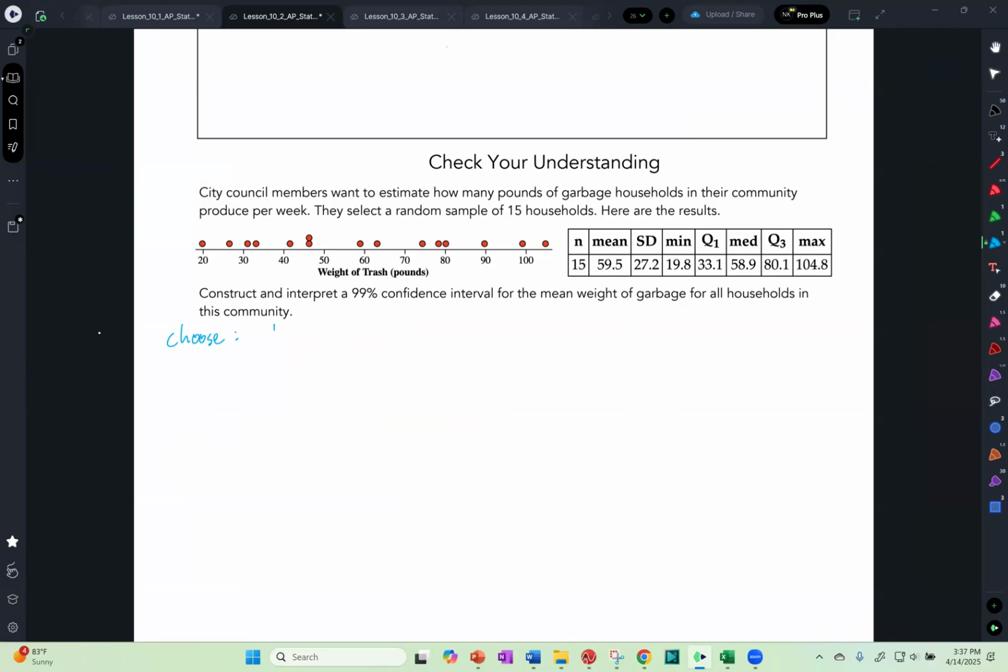So we are doing a one sample, because it's only one sample. We got to do a T interval for a population mean.